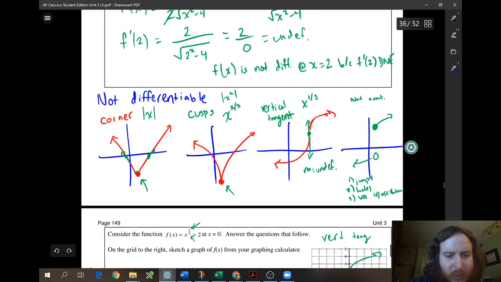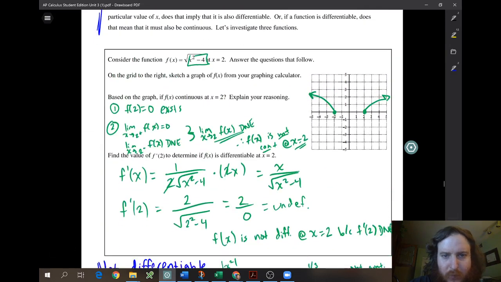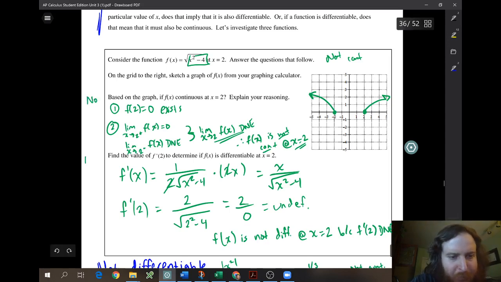Then going back up to the first one, this was our not continuous case, which we get a lot, especially in piecewise functions, or with square roots when they're negative, they're going to be DNE, or with fractions where the denominator is going to be DNE. So no, it was not continuous, and no, it was also not differentiable.